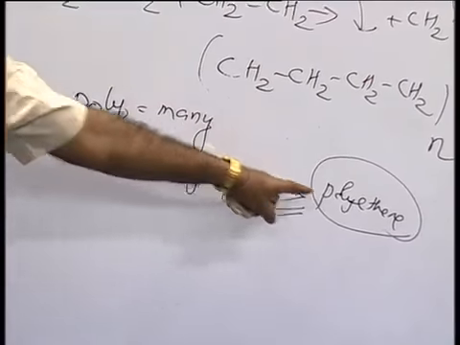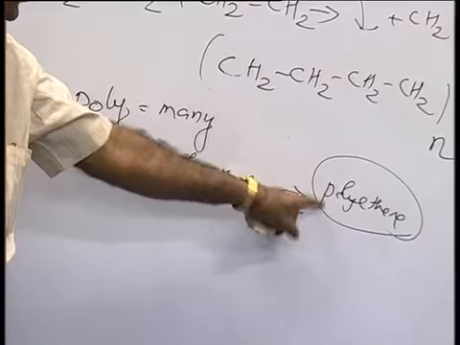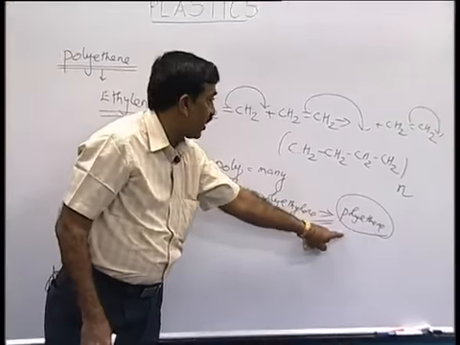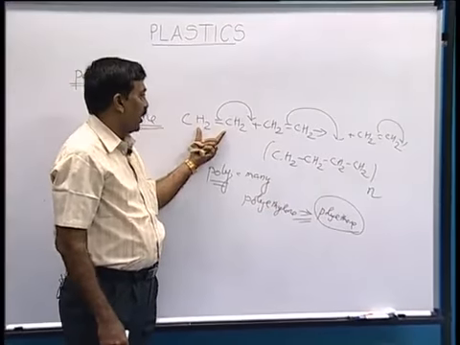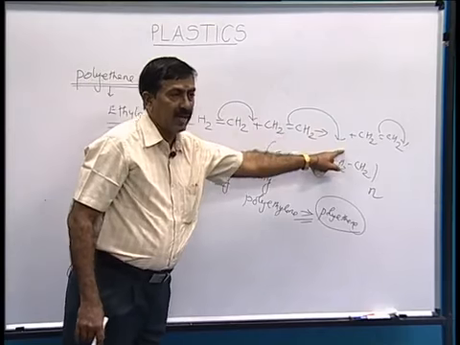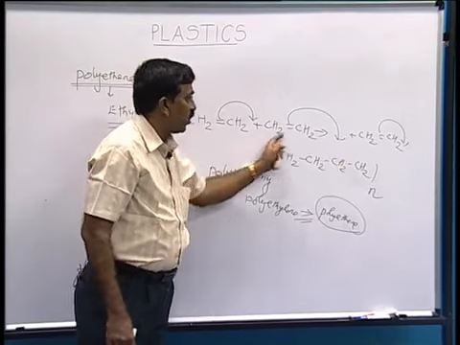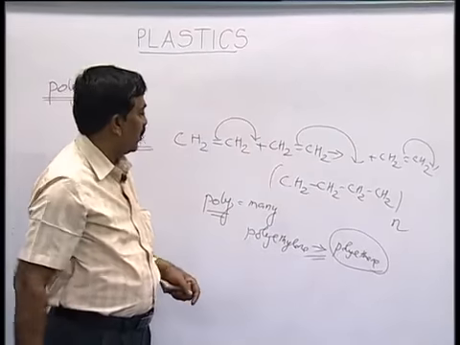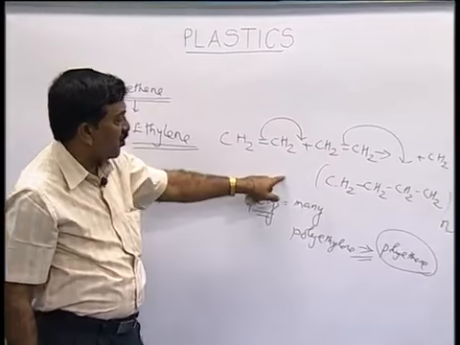So here polythene is an organic molecule because it contains carbon. It is a polymer product. What is polymer product? This is a single unit monomer, 2 unit dimer, 3 unit trimer. So addition of molecule one by one, the process is called polymerization process. So after polymerization process, we will get a product.